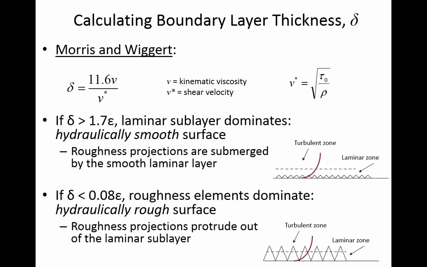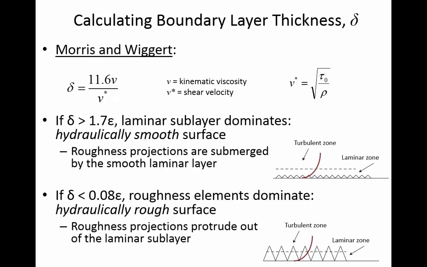But we can say that if that laminar layer is really small compared to the height of the roughness elements, then the peaks of the roughness elements are going to project into the turbulent zone. And so the water that's flowing past it is going to be very highly influenced by the roughness sticking out into the turbulent flow.